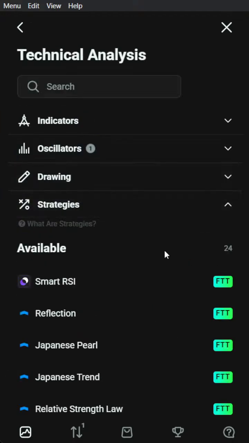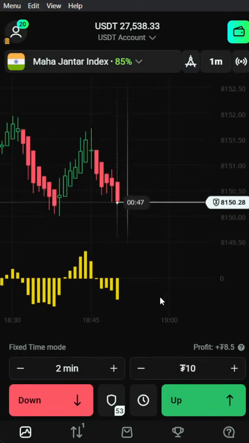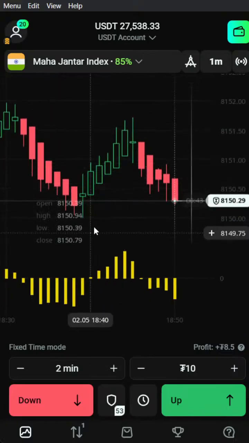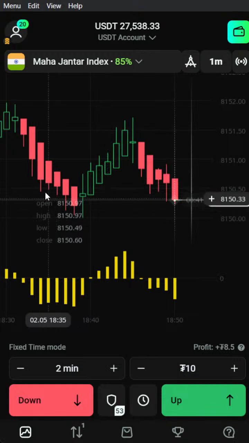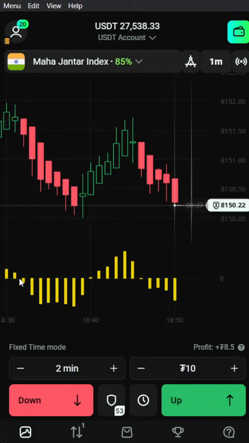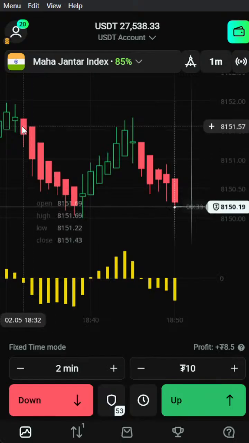Now let me explain it to you. Here we see there's a downtrend, uptrend, again a downtrend. When we see that the color of the candle is red and the DPO has appeared below the zero line, you will make a 2 to 5 minutes down trade.